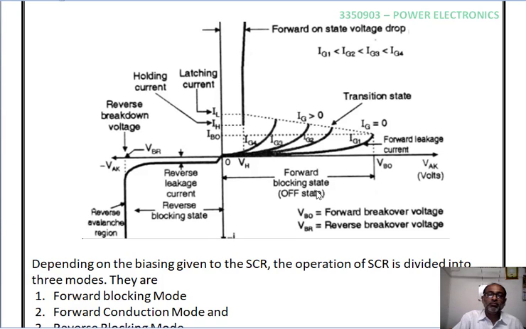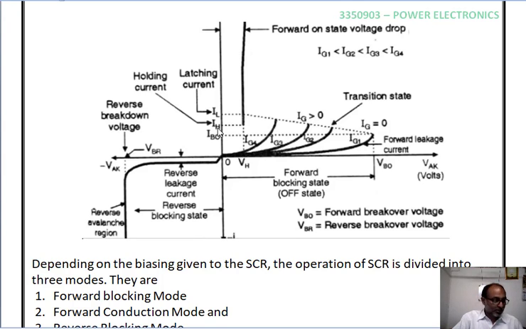Now the minimum current required for the SCR to come from blocking mode to conduction mode is called the latching current. Do you understand? It is the minimum value of current which is required to change the SCR from blocking mode to conduction mode, called latching current.